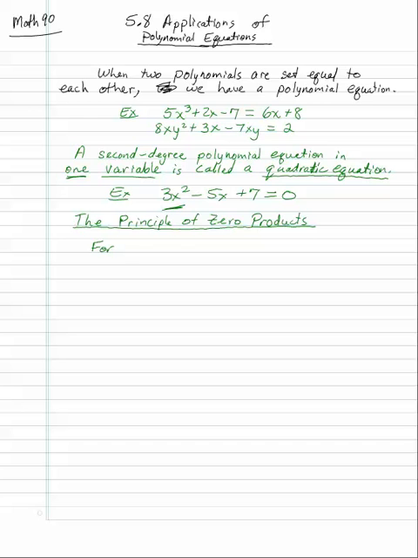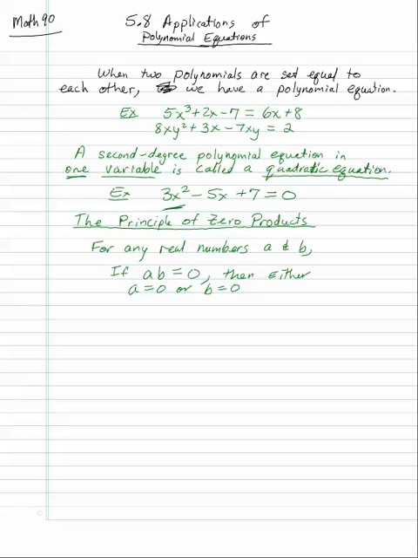For any real numbers a and b, if a times b, that's a product, is equal to 0, that's why it's the principle of zero products, the only way that can happen is if either a equals 0 or b equals 0.